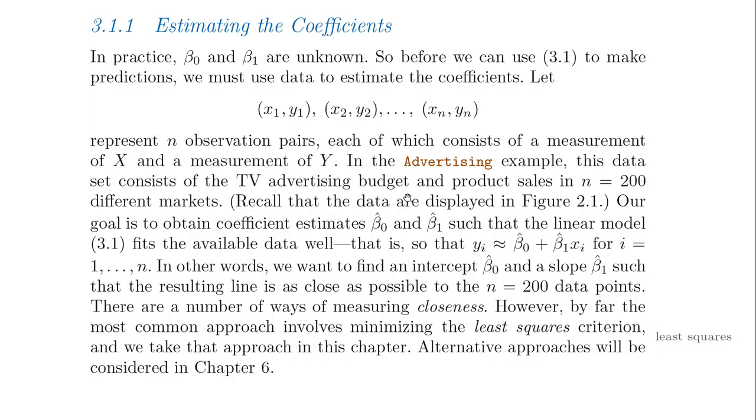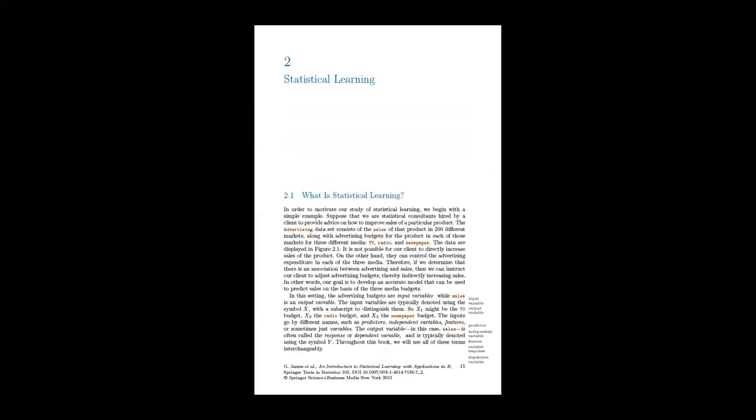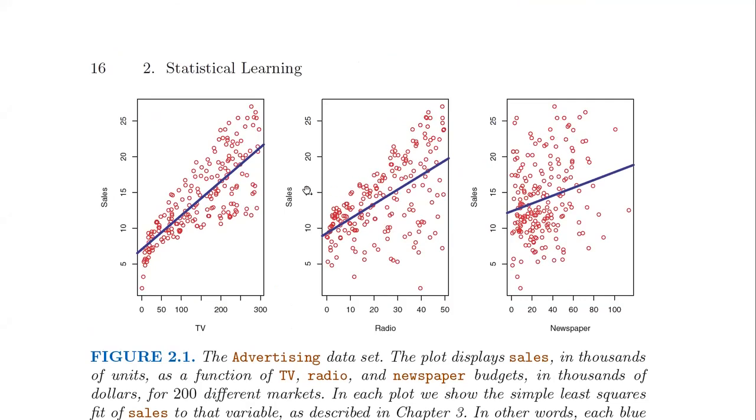So why don't we go back to 2.1? It's a pity they haven't replicated this in chapter 3, so we will have to at times go back and forth between 2 and 3.